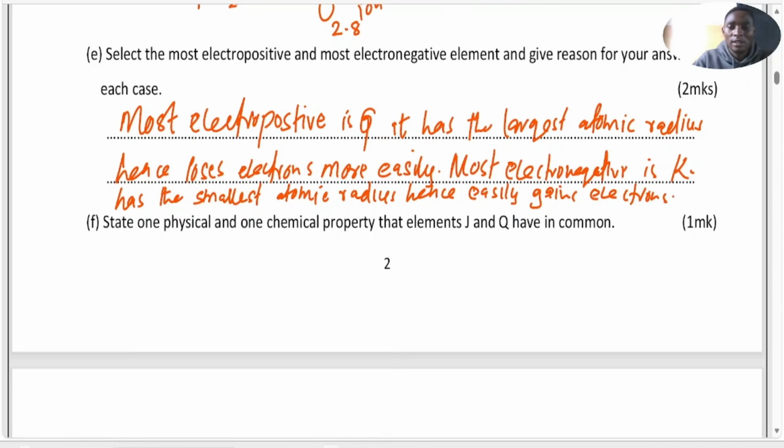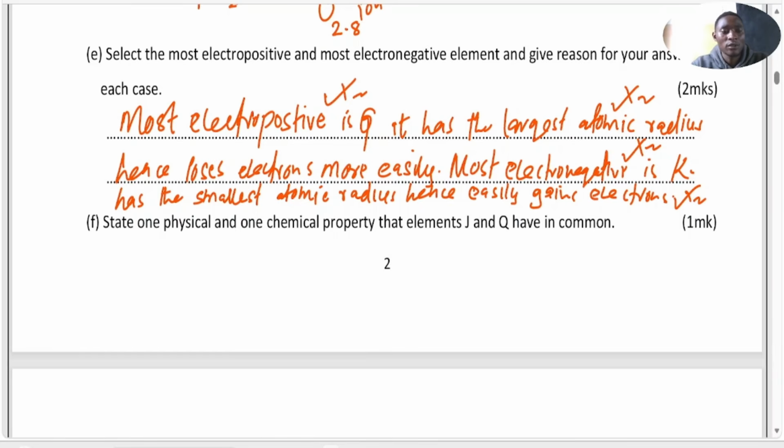You can still say it has high affinity for electrons. This is going to give you half a mark for stating, half a mark for explanation, and the same for the other. That shall add up to 2 marks.